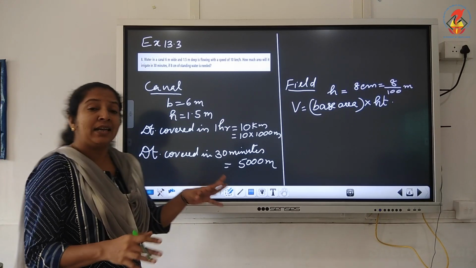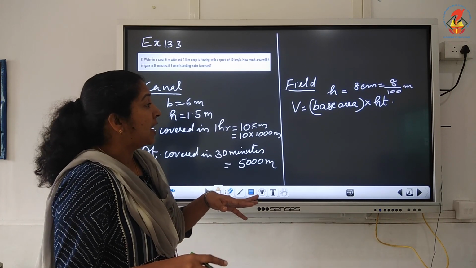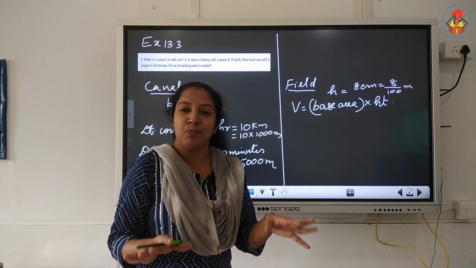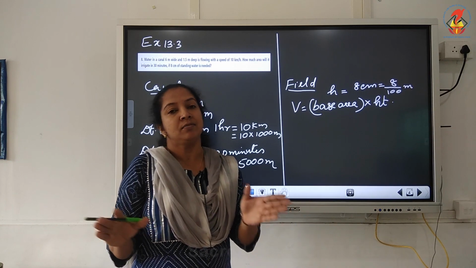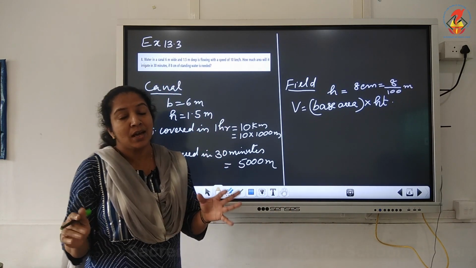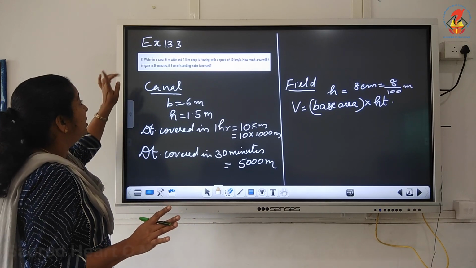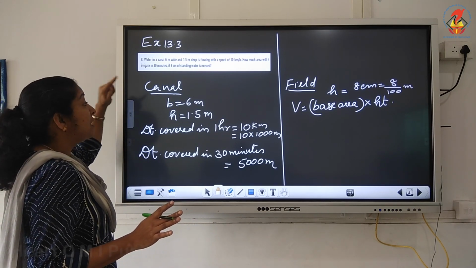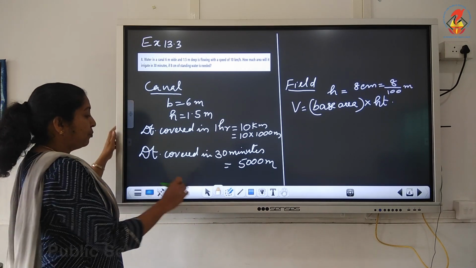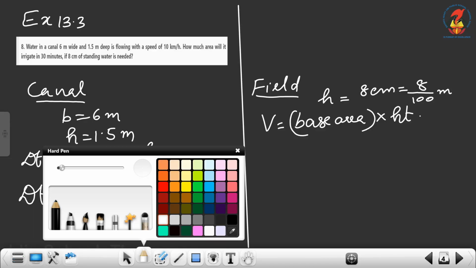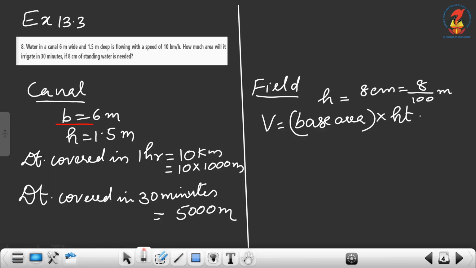Actually, canal and field we are considering as cuboids. Canal is a cuboid and field is also in the shape of a cuboid. So, water in the canal is 6 meter wide. That means breadth is equal to 6 meter and height is equal to 1.5 meter.